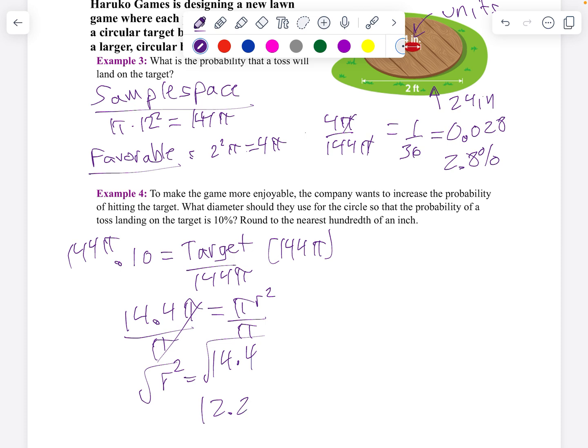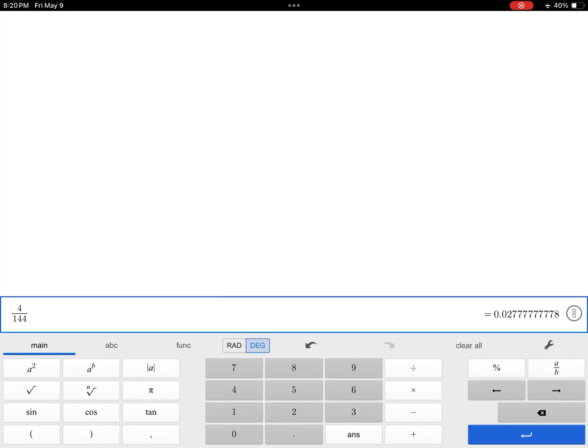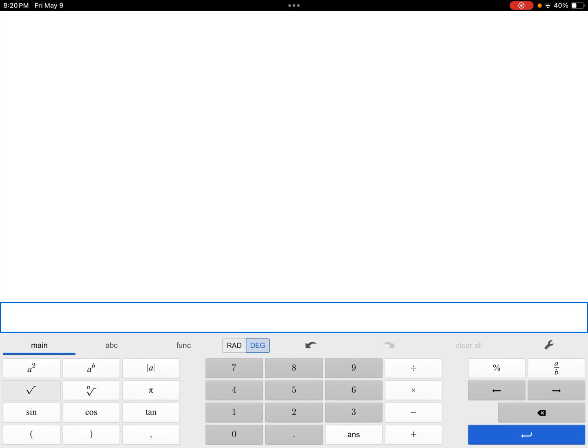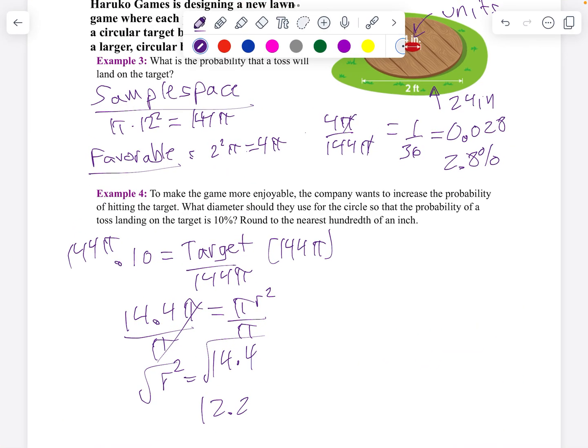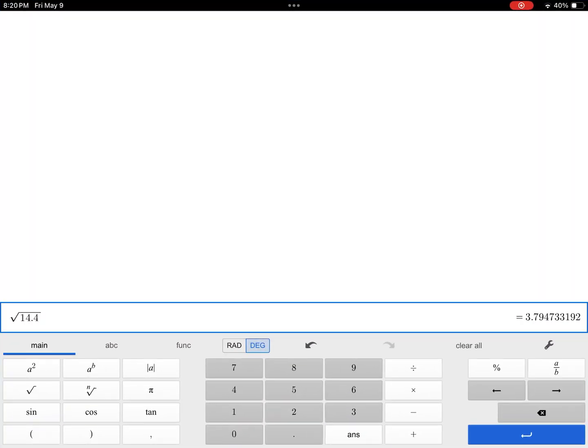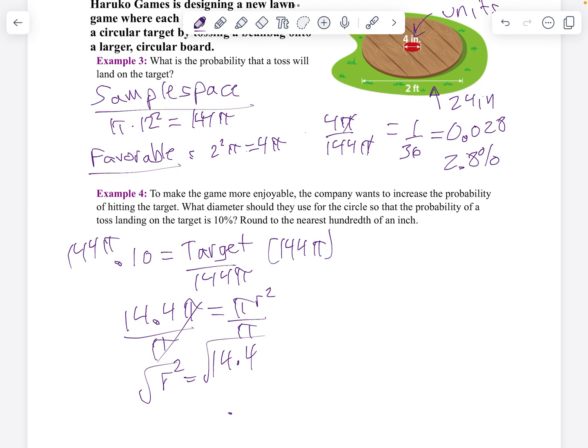Let's use my calculator. The square root of 14.4, we get like 3.79. I was trying to do 144 divided by something in my head, but that doesn't work with square roots, does it? And I forgot what it was already, so 3.79 is my radius.